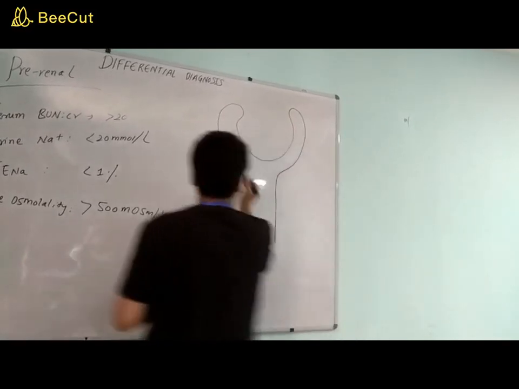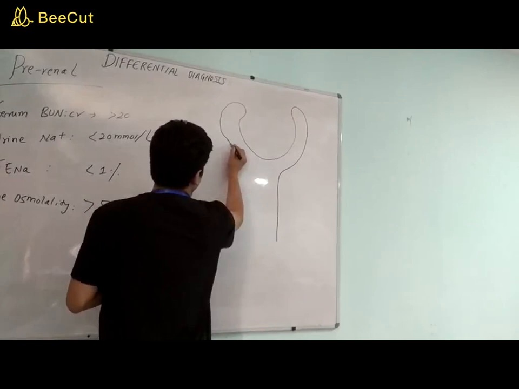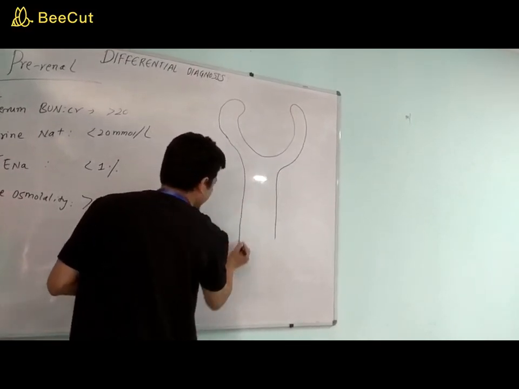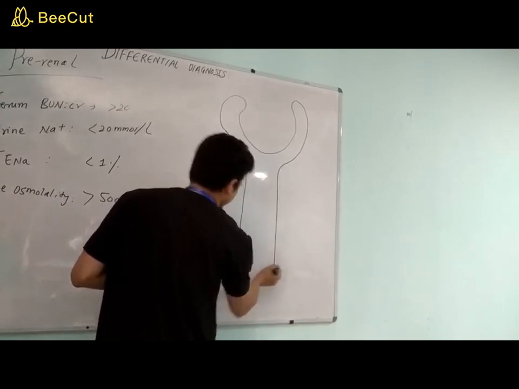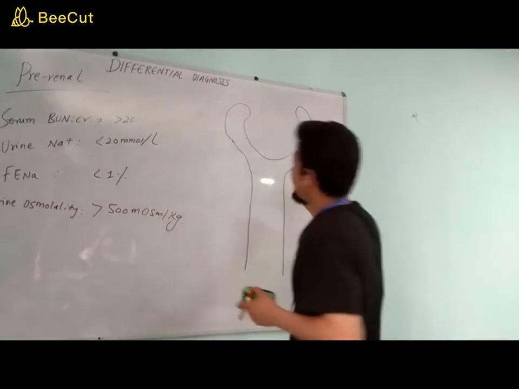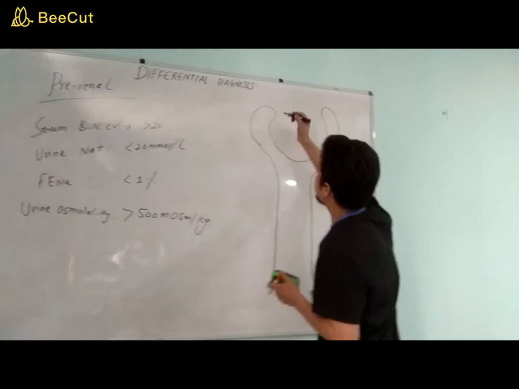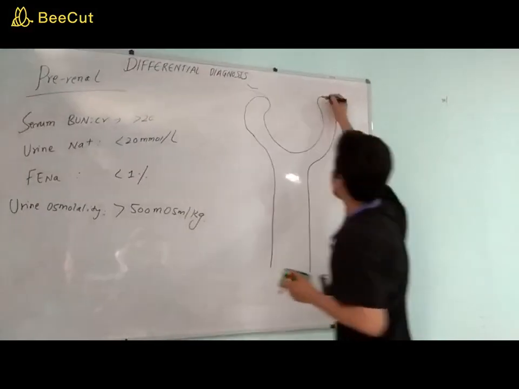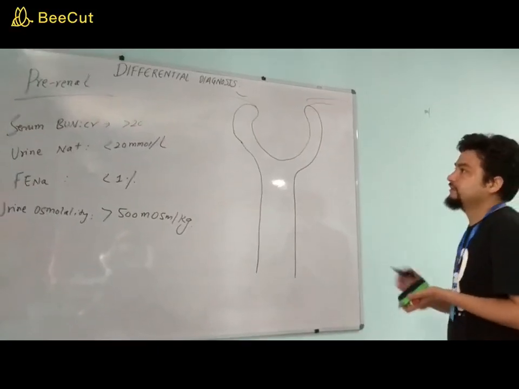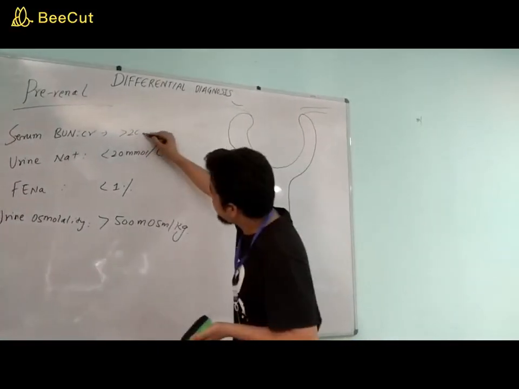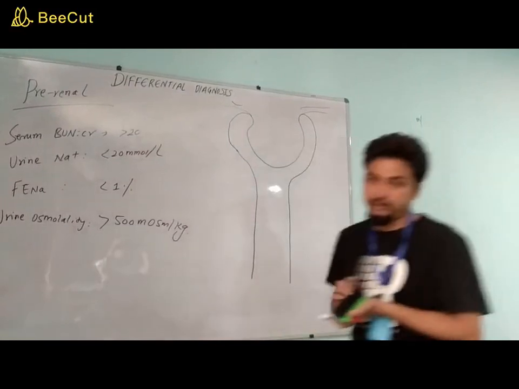This is just a diagrammatic representation to explain the reason behind this. Okay. Now we are talking about pre-renal disease. This is the afferent arteriole, this is the efferent arteriole. In pre-renal disease, we have seen that the BUN to creatinine ratio is greater than 20.